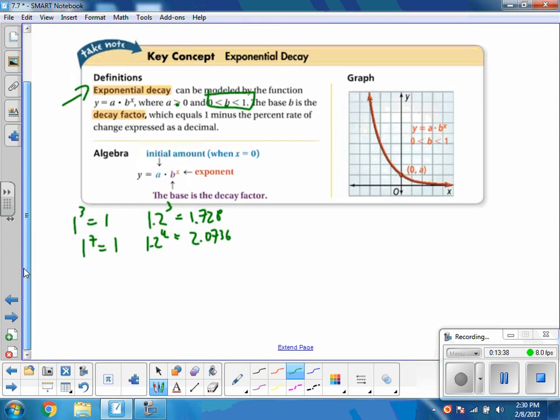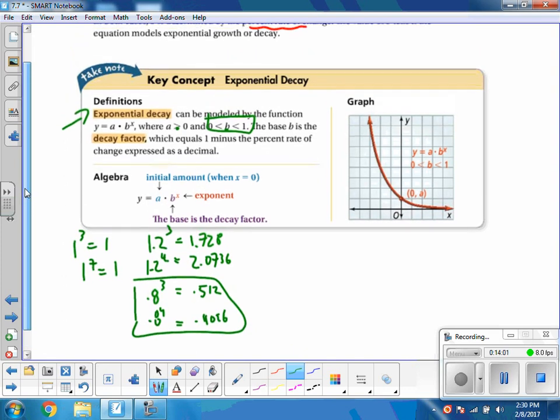But when you go below 1, like 0.8, so 0.8 to the 3rd power and 0.8 to the 4th power, 0.8 to the 3rd power is 0.512, and 0.8 to the 4th power is 0.4096. So this is going down.